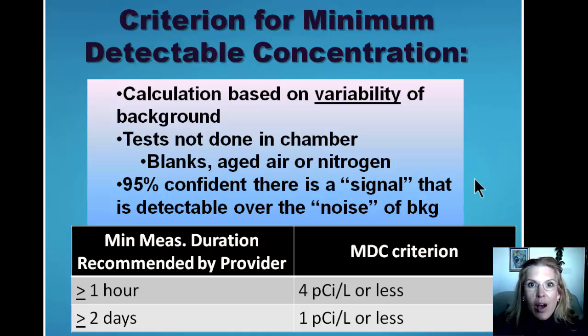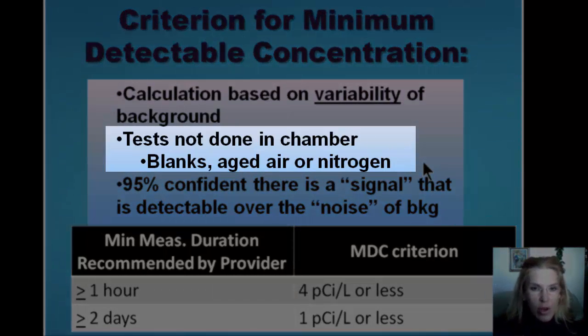However, if your background is all over the place, sometimes it's 100 and sometimes it's 50, then you are in a worse situation in terms of your minimum detectable concentration because you don't know if, when you measure a relatively low concentration, that is a signal due to actual radon concentration or just due to the fact that your noise is high at that particular point in time. So the calculation of minimum detectable concentration is based on the variability of the background.